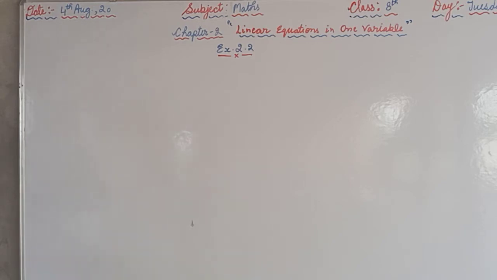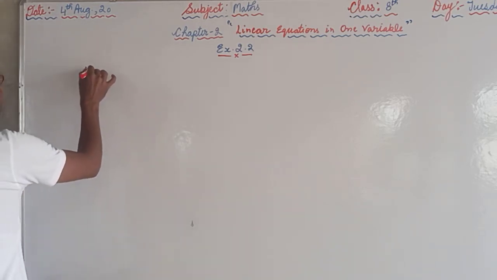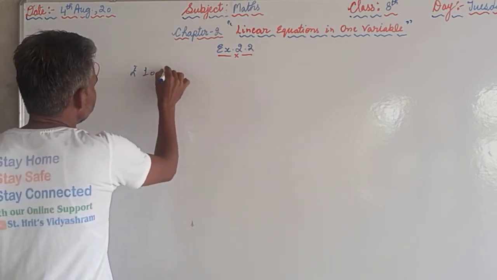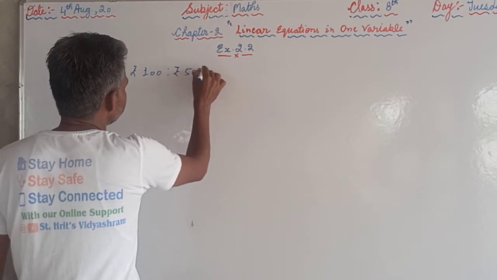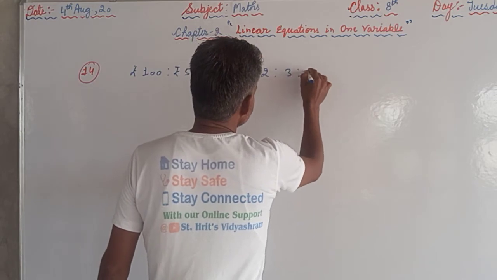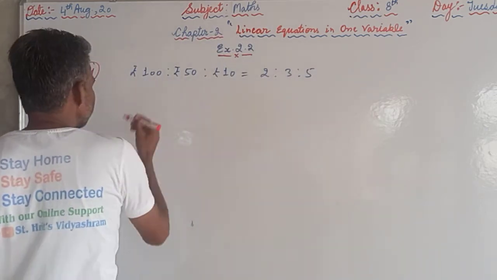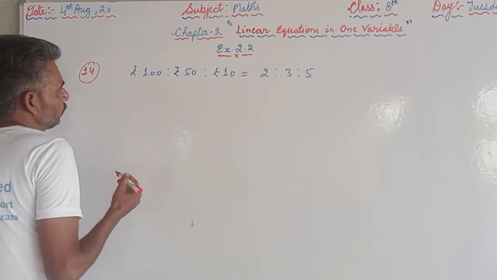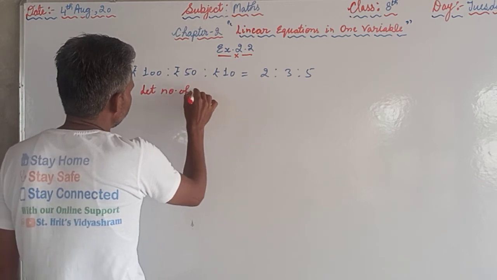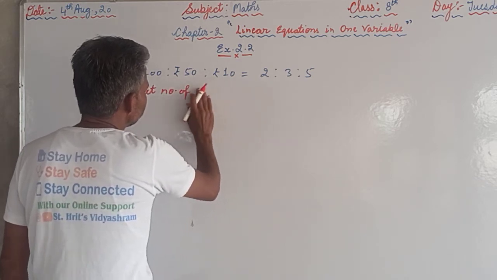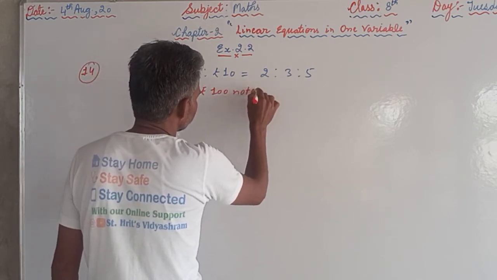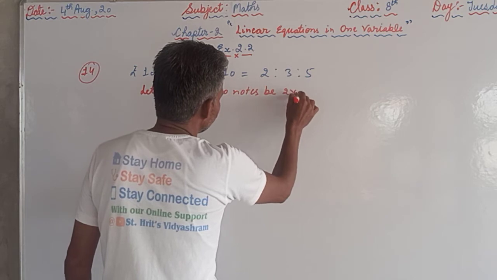First of all, it is given question number 14, rupees 100 ratio rupees 50 ratio rupees 10, that is given 2:3:5, the ratio of the number of the notes. So let number of 100 rupees notes be 2x.